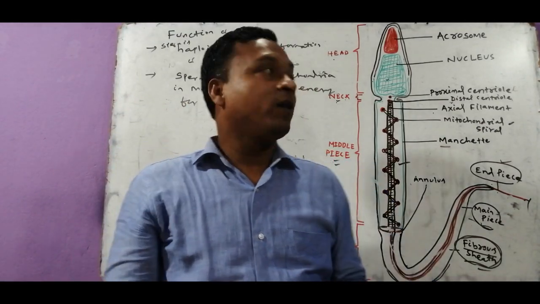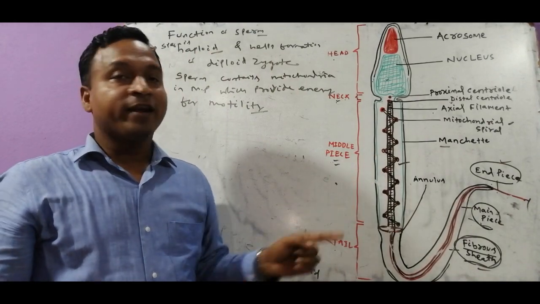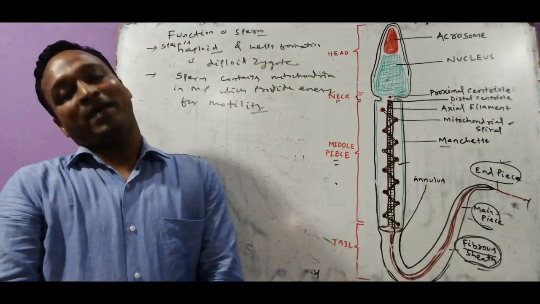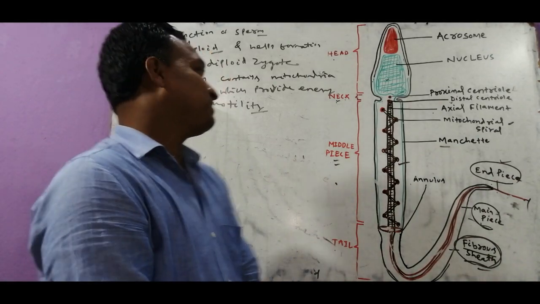The mitochondria produce energy by utilizing the fructose of the semen.